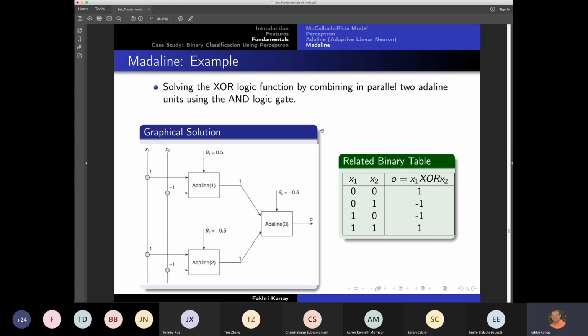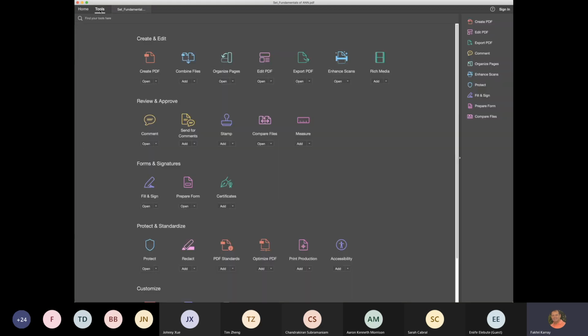The exclusive OR is one of the gates that cannot be linearly separable. So it is a certain type of data. Let me see here if I am able to extract some tools here. PDF comments, let me check here.